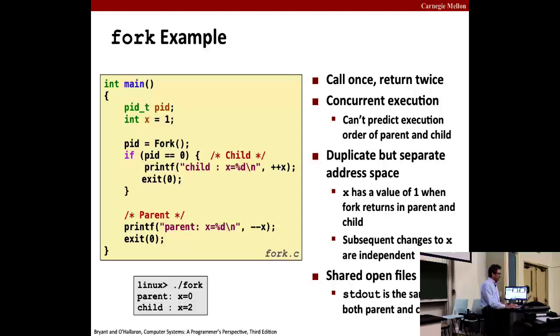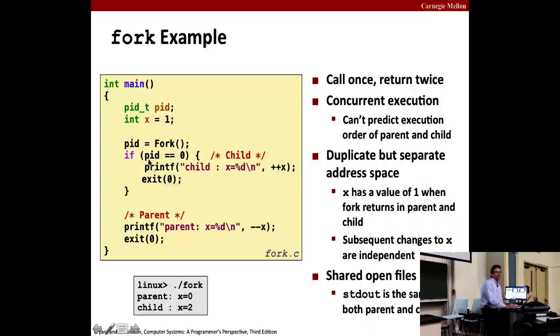If pid is 0, then we're executing in the child. Remember, the child has exactly the same memory and code as the parent, so x in the child is 1. When we print this message from the child, we increment x and then print, so the child will print 1 plus 1, 2, and then exit.